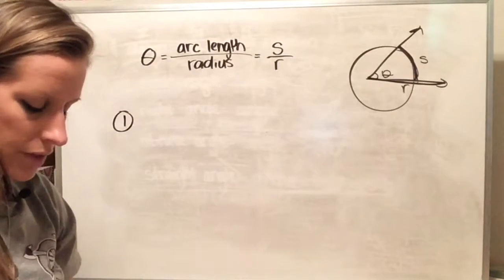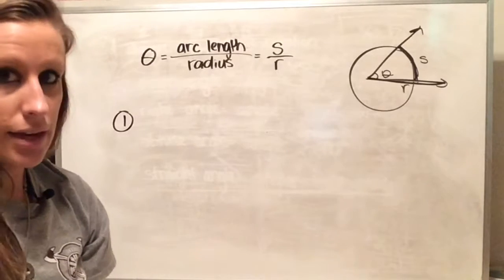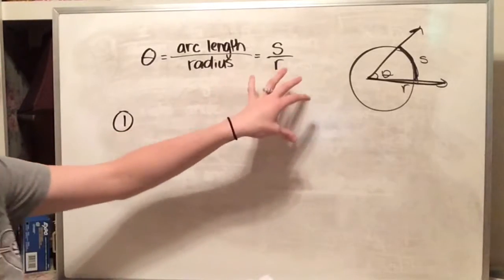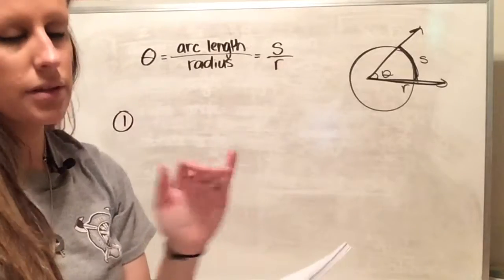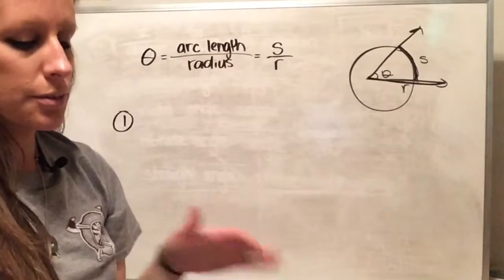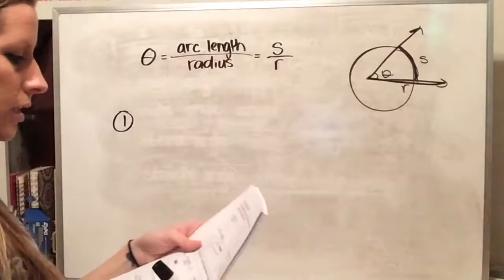I'm sure a lot of y'all have heard those terms before. So we're going to find theta in radians. This formula is already in radians. So the next part will show you how to go from degrees to radians. But right now, we are just going to use this formula.